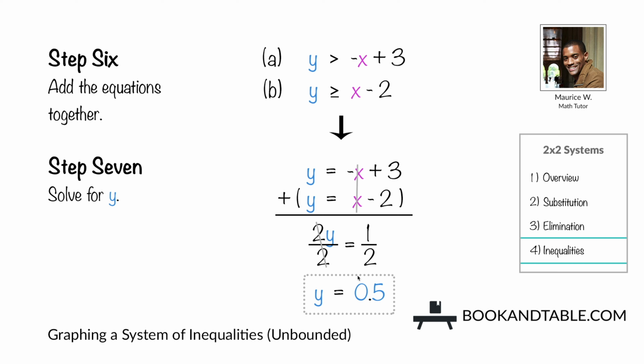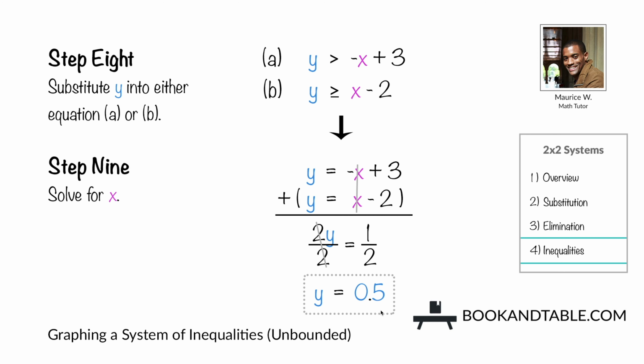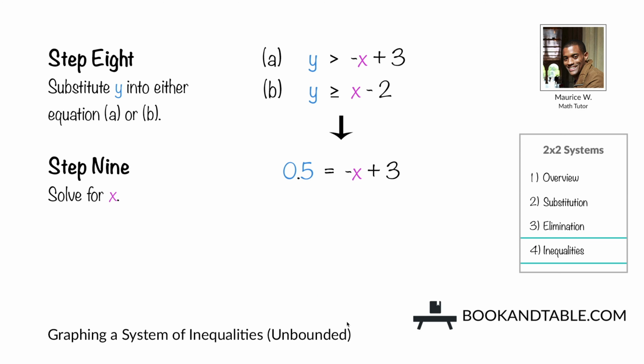And now that we've found the y value for the vertex, we can now substitute y into either equation A or B, and then solve for x. So if you plug it into equation A here, you'll get 0.5, 1/2, is equal to -x plus 3.